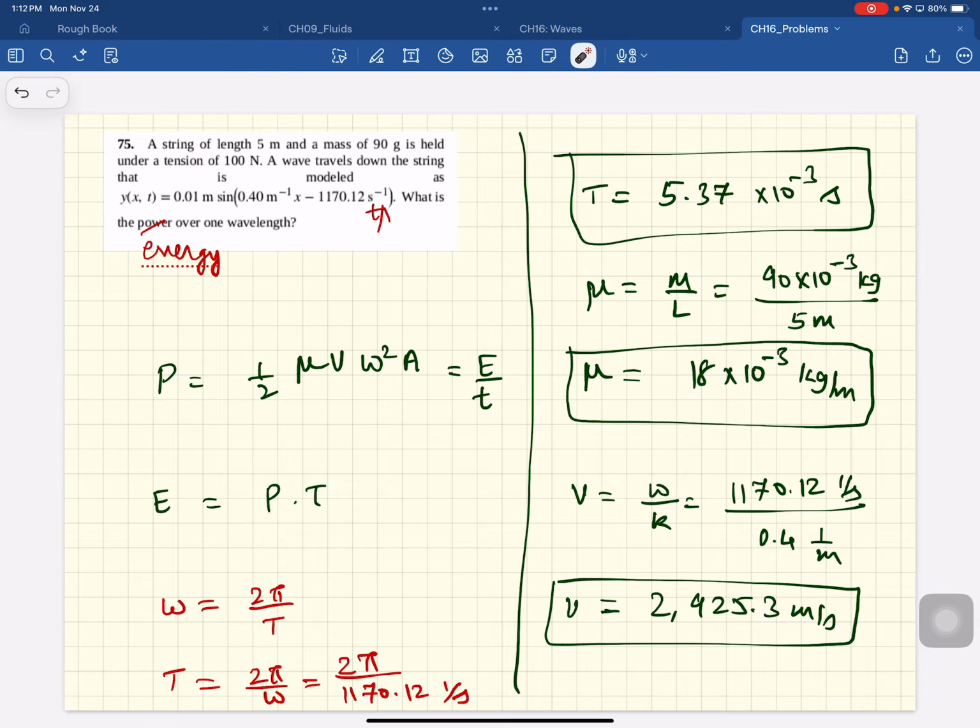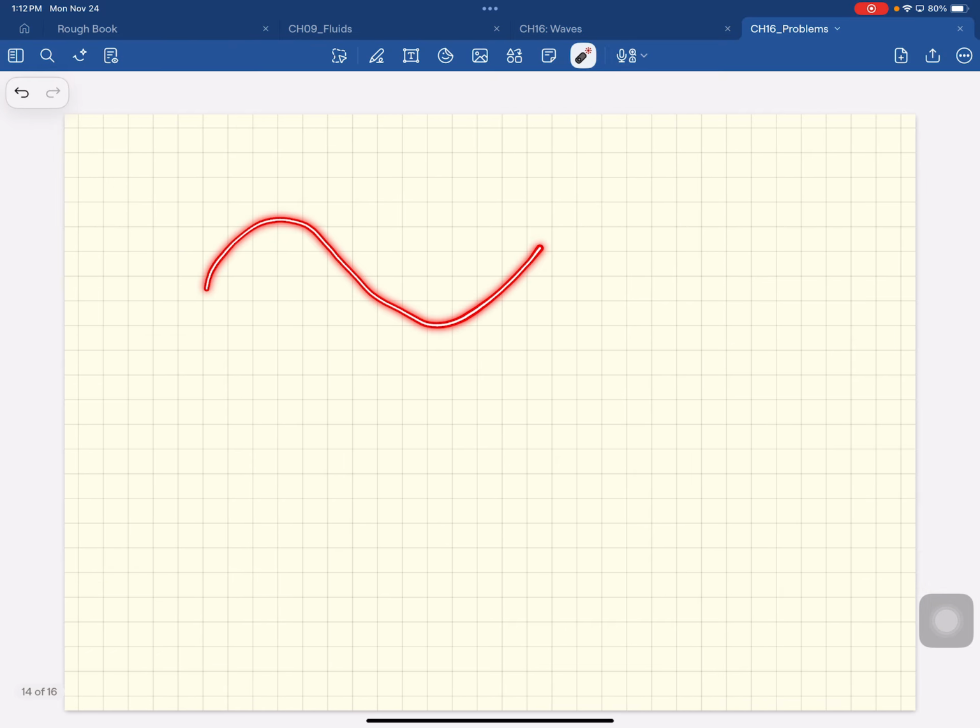Okay, so now we have everything to calculate the energy that is contained in one wavelength, and that energy is traveling down the string.